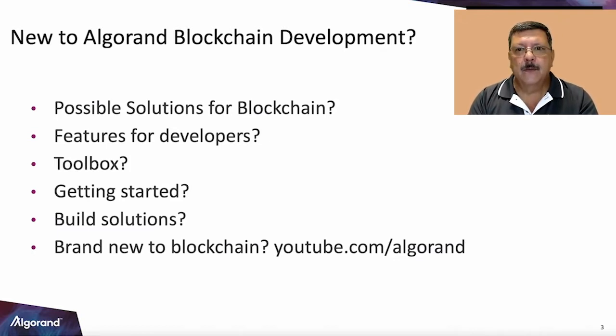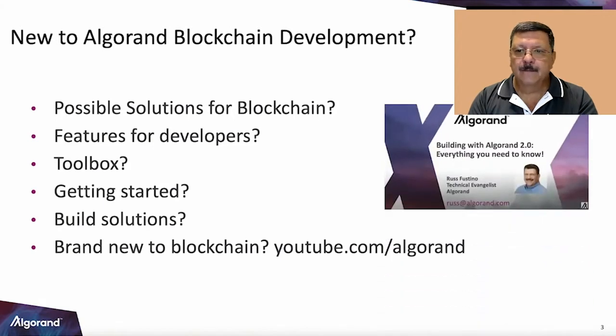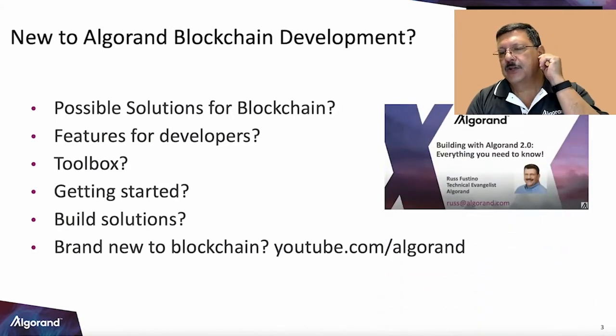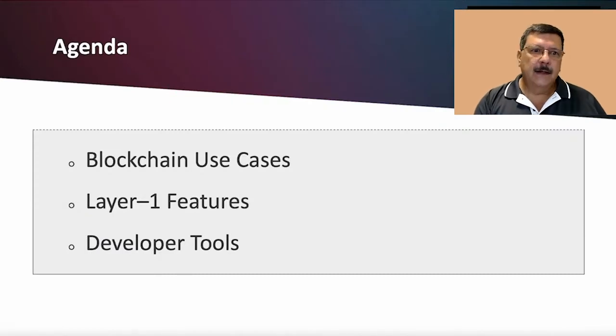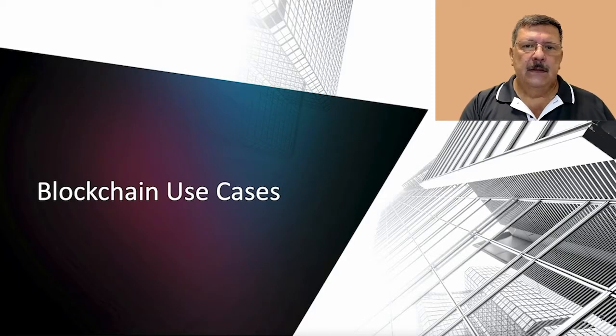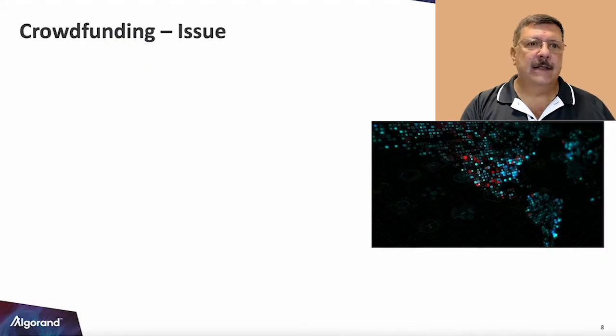If you want to take a look at that video right here, there's a nice section where I go into detail on that right in the beginning. Today's agenda, we're going to talk about blockchain use cases, as well as layer 1 features and developer tools. So let's go ahead and start in on the first section here on blockchain use cases.